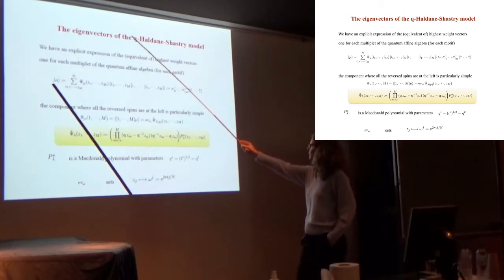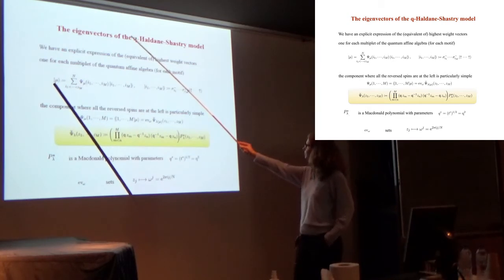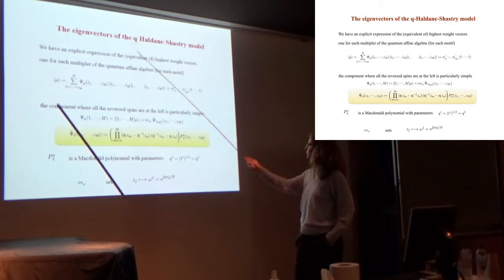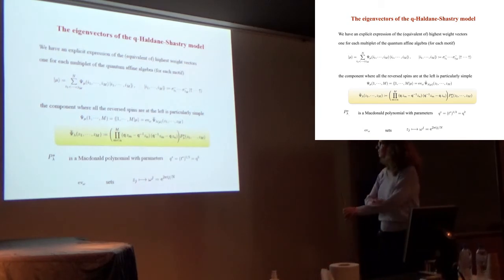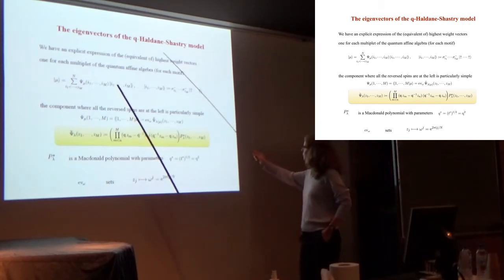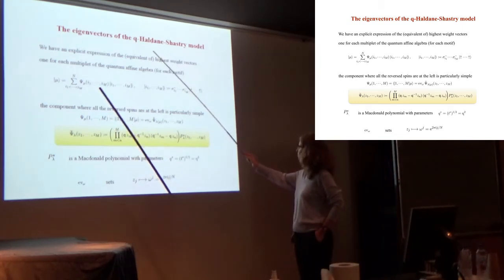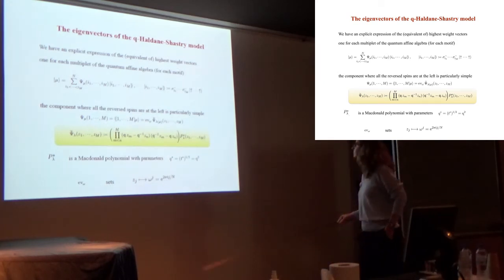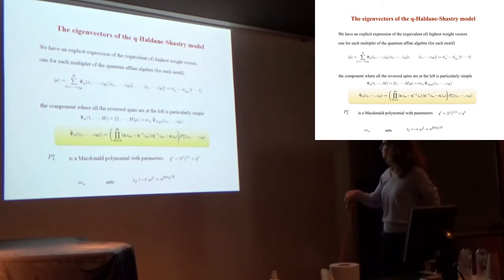So an eigenfunction for the motif encoded by mu will be given by some coefficient which multiplies this spin state. So we are looking at the highest weight vectors of the multiplet.